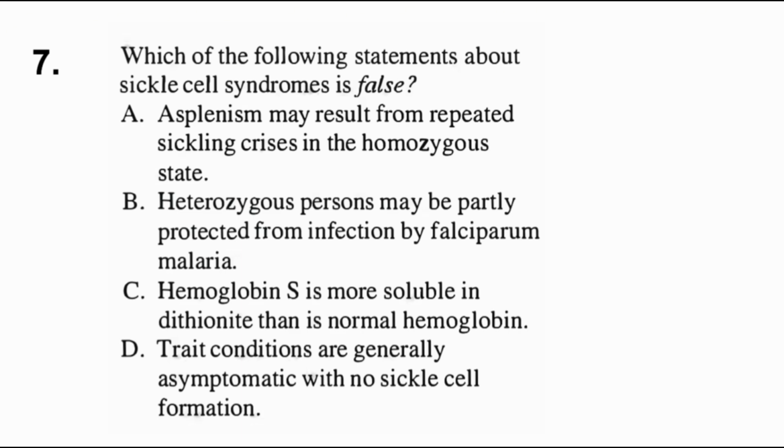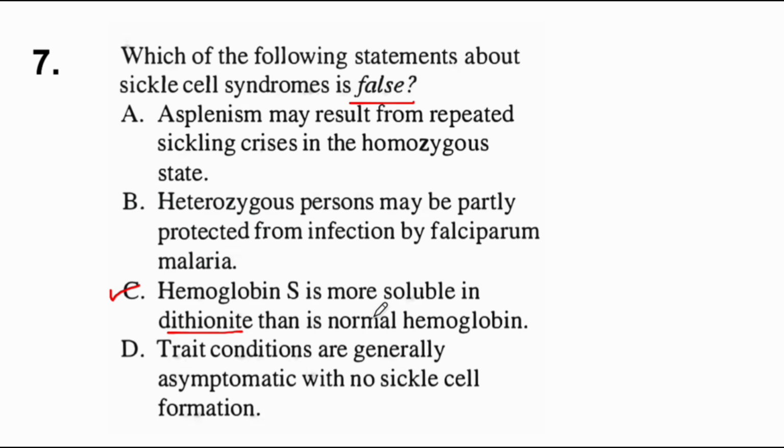Which of the following statements about sickle cell syndrome is false? The answer is C. This statement describes the principle behind a common screening test for sickle cell disease, the solubility test. The chemical dithionite is a reducing agent that deoxygenates hemoglobin.